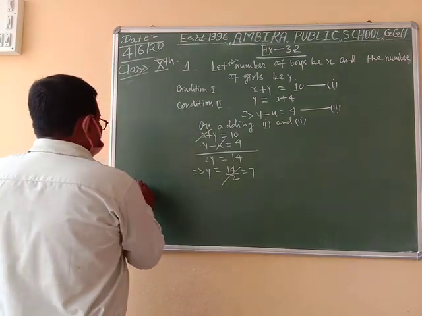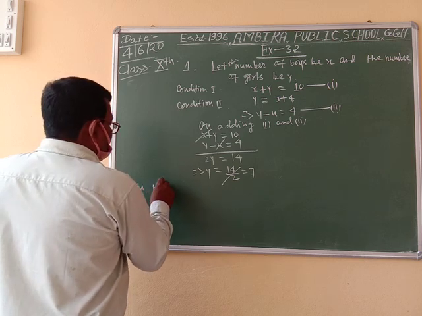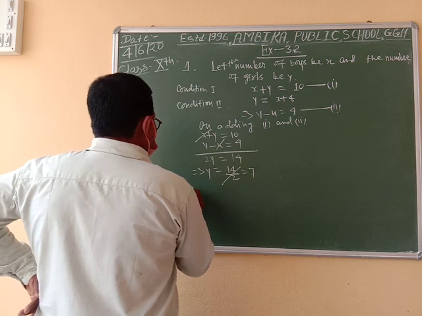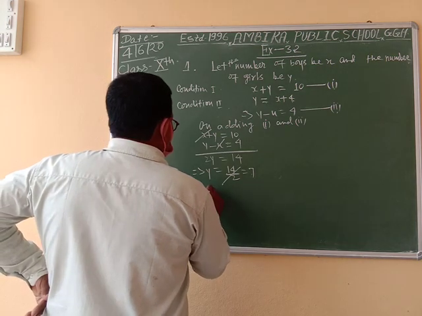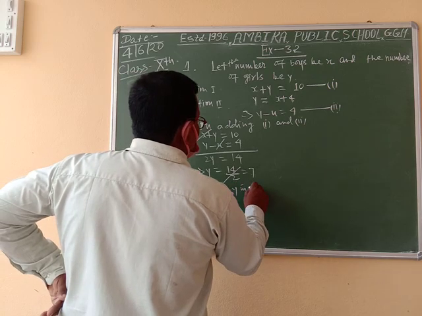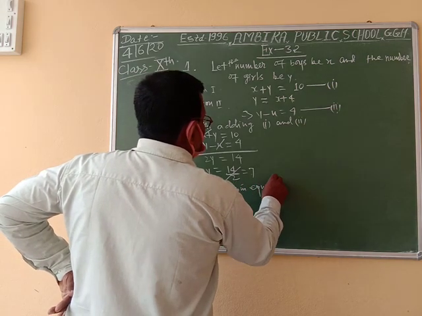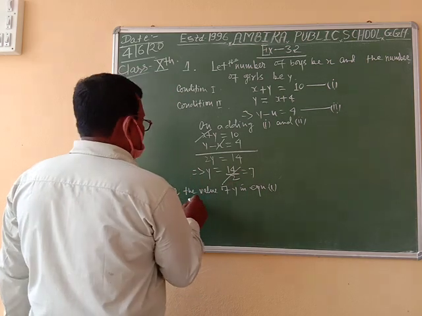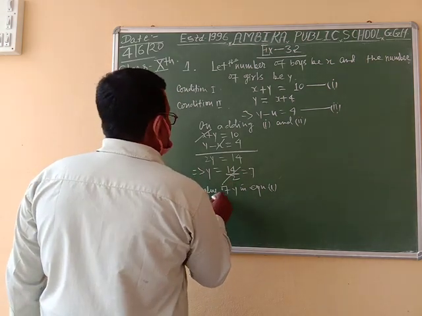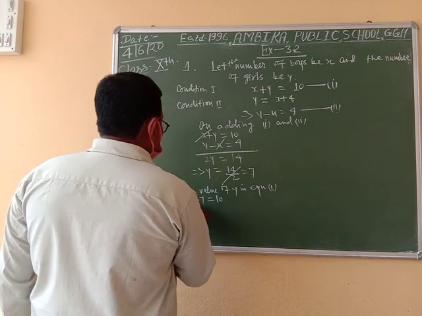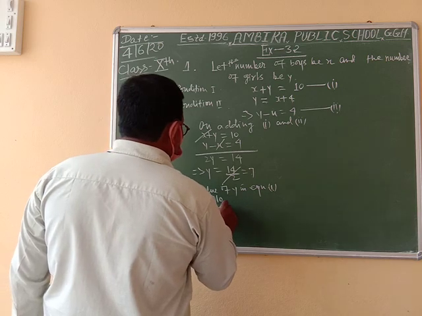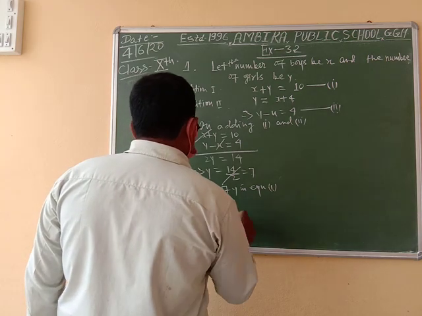On putting the value of y in equation 1, x plus 7 is equal to 10. So x is equal to 10 minus 7, which is 3.